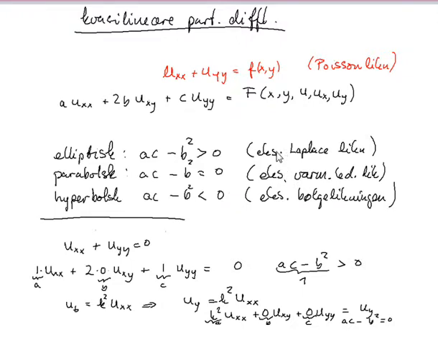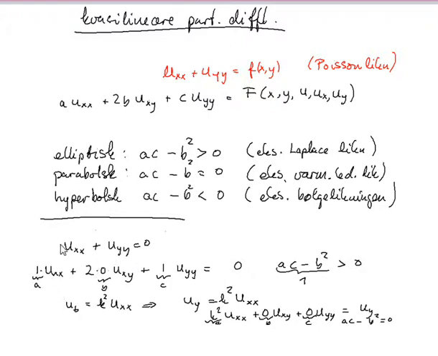And we have 3 classical examples of elliptic, parabolic and hyperbolic equations. The typical example of an elliptic equation is the Laplace equation. For parabolic equations we have the heat conduction equation as an example, and for hyperbolic equations we have the wave equation. Let's now show that the Laplace equation in fact is elliptic.